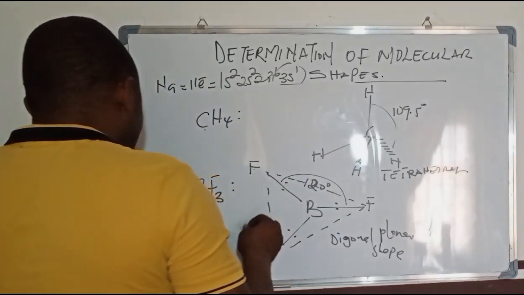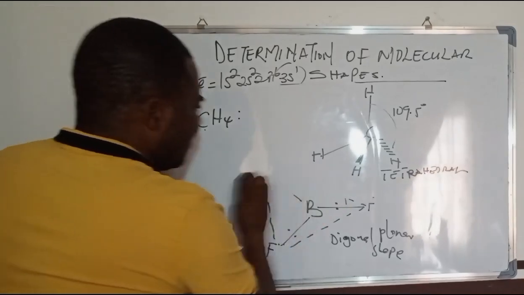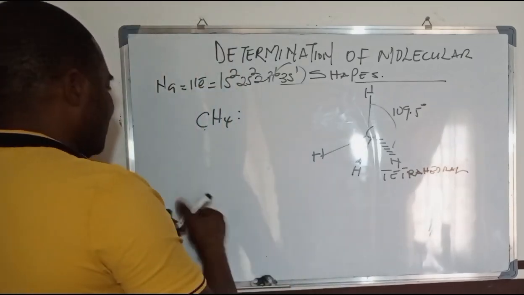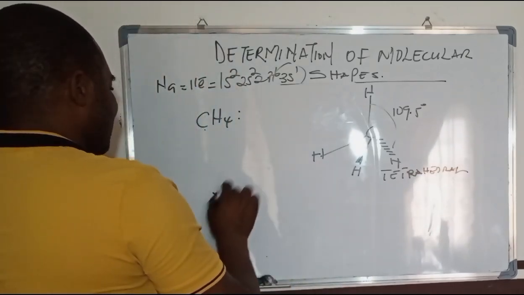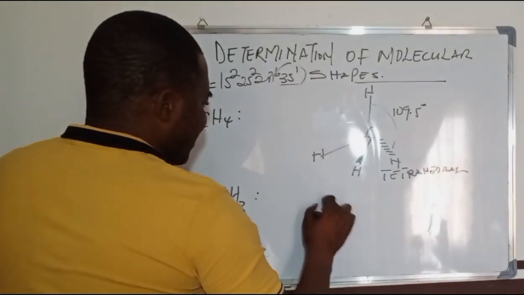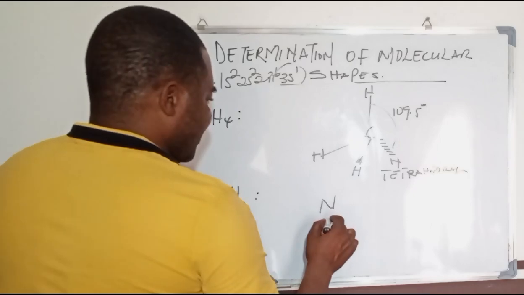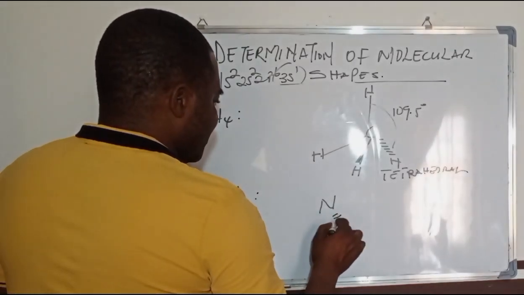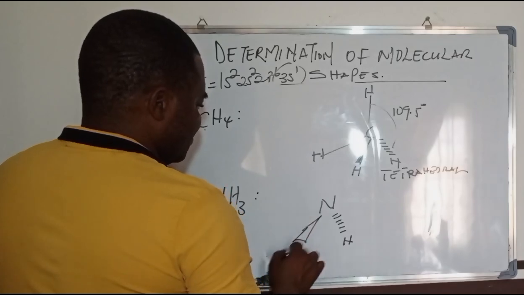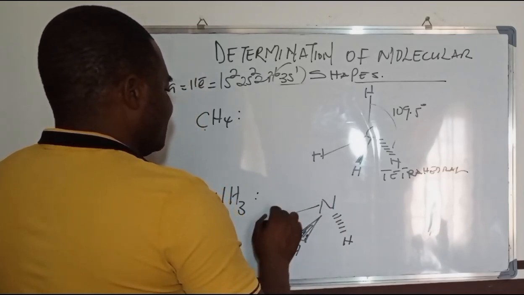You can look at a shape like ammonia. Ammonia is NH3. Ammonia has N as the central atom with 3 hydrogen atoms. So it has a hydrogen atom here, another hydrogen atom here, and then a hydrogen atom here.